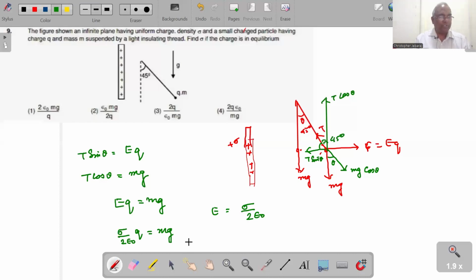When you take out sigma, sigma will be equal to 2 mg epsilon naught divided by Q. So 2 epsilon naught mg by Q is the answer. So I think the first option is correct. Okay. 2 epsilon naught mg by Q is correct. Okay, thank you.